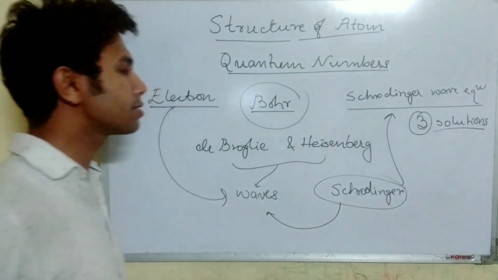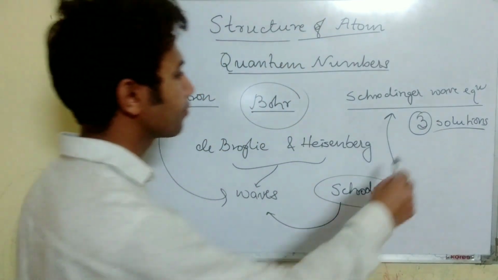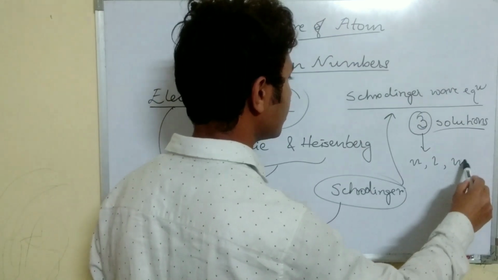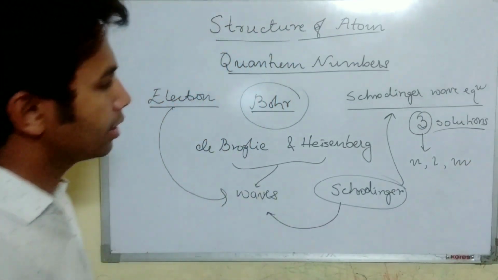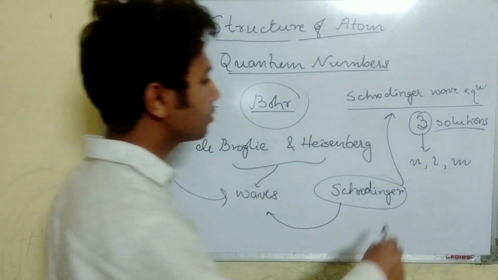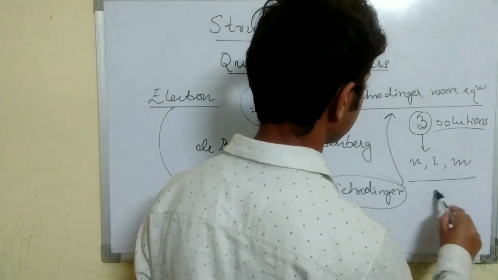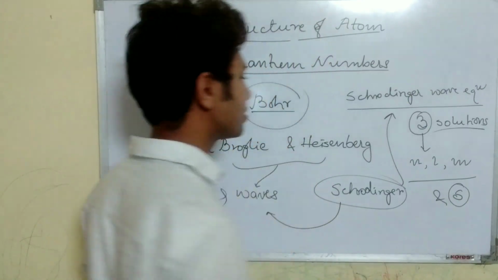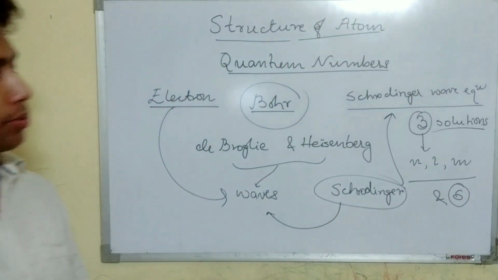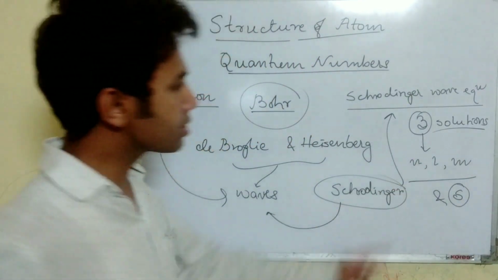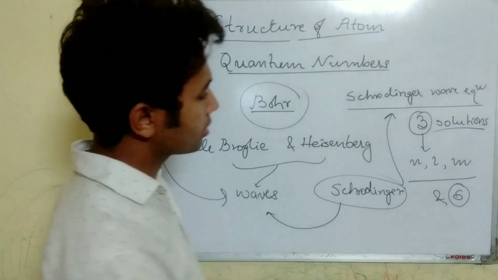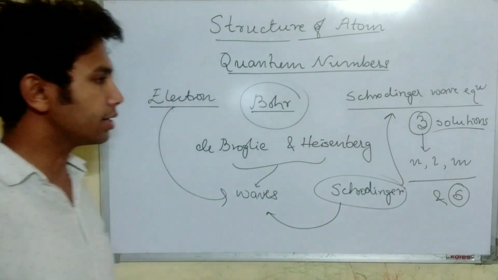And from this we have got the quantum numbers n, l, m. And the fourth quantum number is the spin quantum number s, which though didn't come directly from the Schrödinger wave equation, but we'll see about it later on.